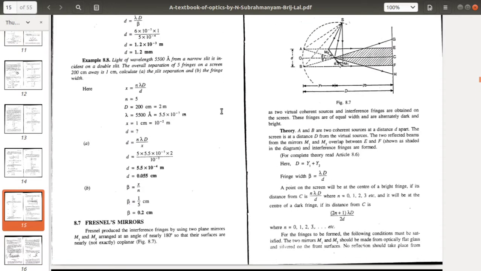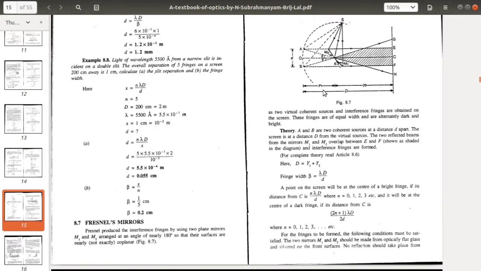Now the separation between A and B is d, and the separation between A and B in terms of angle is 2 theta. Now, if we draw a circle with center M and this as radius, such that the virtual sources and the monochromatic source of light come on the circumference of the circle, we will get an arc like this.